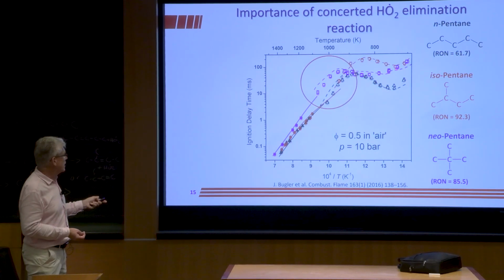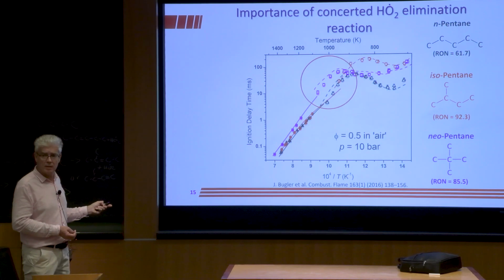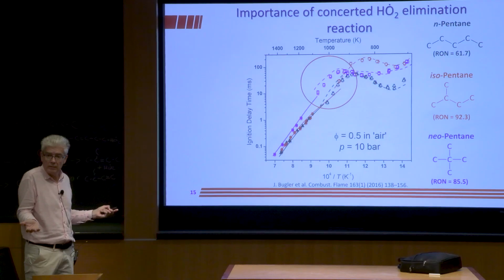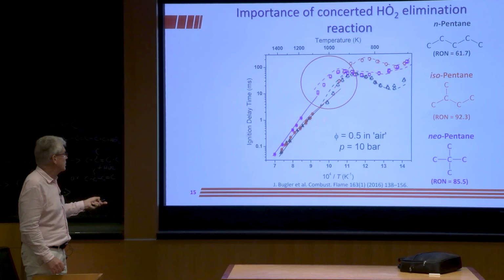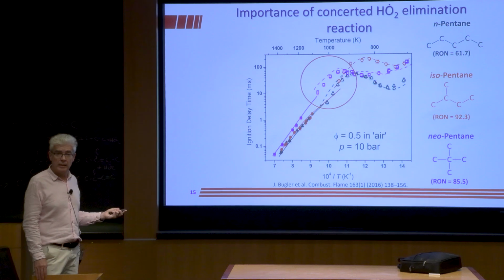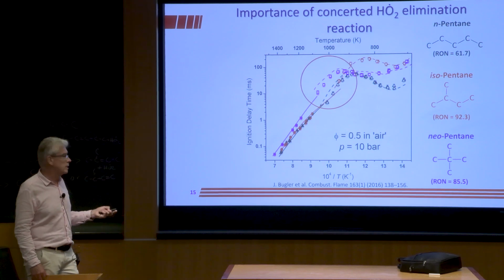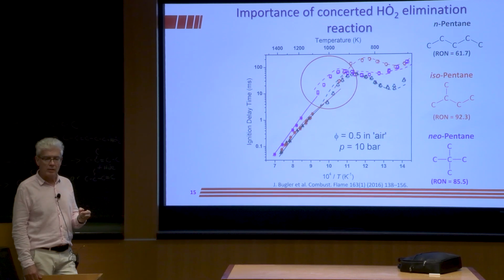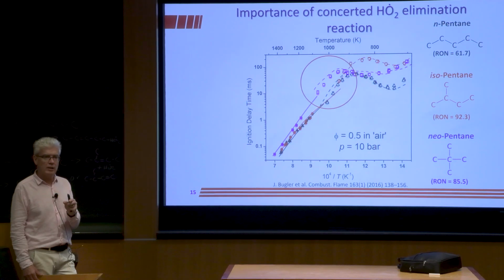The NTC region is happening here, but we still have lots and lots of RO2 being produced here, up to 1250 Kelvin, as I showed for N-pentane. So the low temperature chemistry doesn't go away until the ceiling temperature is reached.